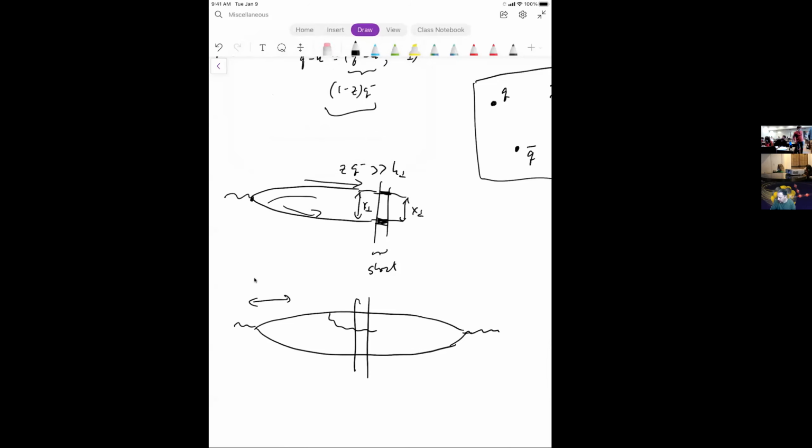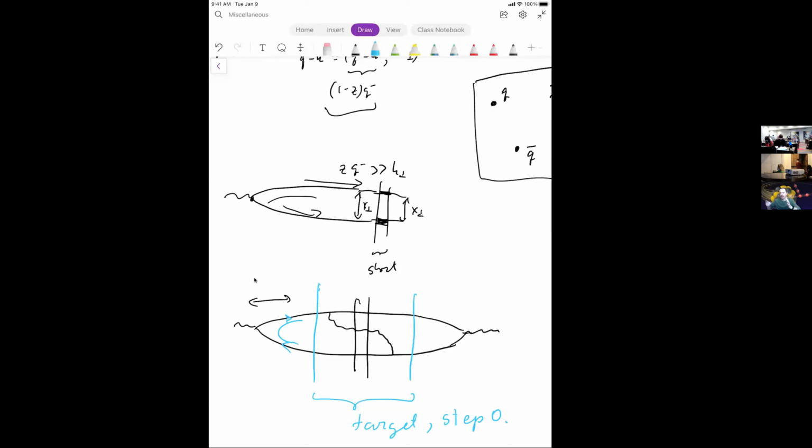Let me try to argue this way. So from the standpoint of the original dipole, let me use a different color. This is our target. This is a target at step 0. This is yesterday's discussion. We only have a quark antiquark dipole, and it interacts with this big target.